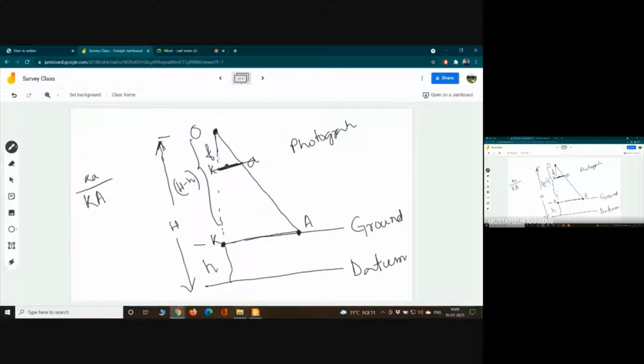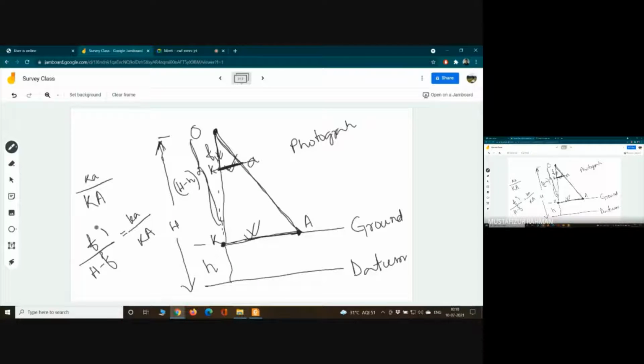Now, in this case, this is one triangle and this is another triangle. From the principle of similar triangles, we can write that F divided by the entire length of the bigger triangle is equal to small k a by capital K A, right?